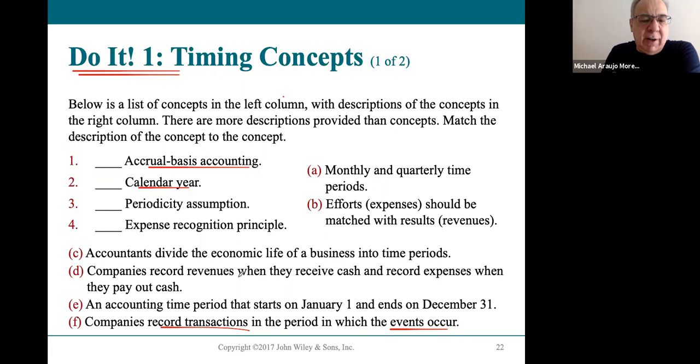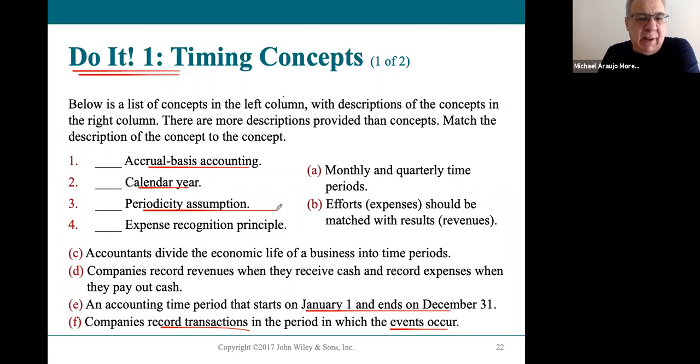The calendar year is that normal January 1st to December 31st year that you can keep records for. It's not the only year a company can use. They can also use a fiscal year, which is any 12-month period of time, starting on X date, ending a year later. Okay. But the calendar year is common.